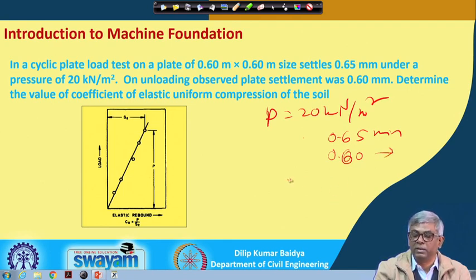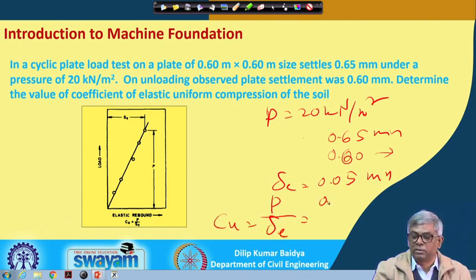Okay, then the elastic settlement delta E will be equal to 0.05 millimeter. So, your Cu will be equal to P by delta E. So, that will be 20 divided by 0.05, and this is millimeter, so to convert millimeter to meter, 20 you have to make 1000.